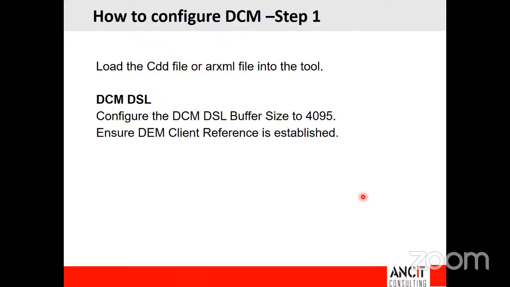And how to configure the DCM module: we first load the CDD file or the ARXML file into the tool. And as I told you initially, in the DSL, the only thing we have to do is configure the buffer size. So we'll configure the DCM buffer size to 4095. It is because the DCM buffer is nothing but a location, right?